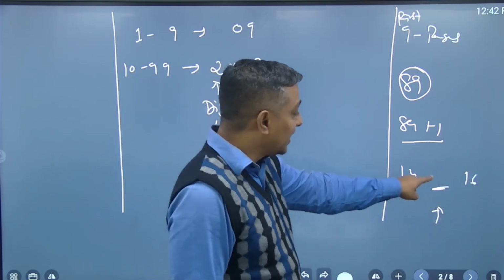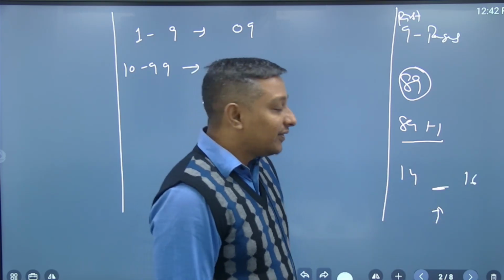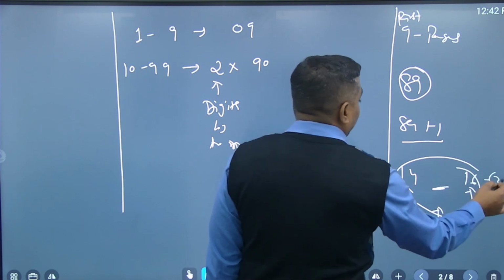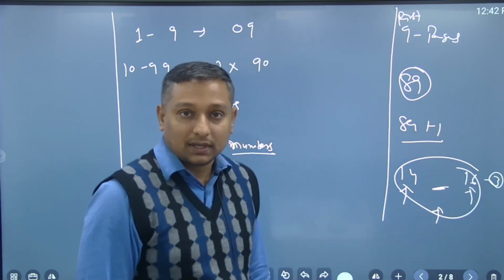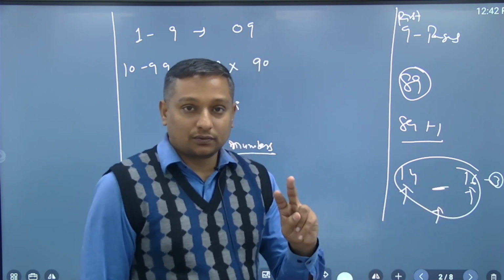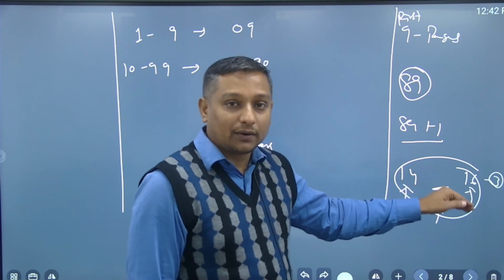But if I include 14 and 16 also, it will be availability of 3 persons. So 14 and 16, the gap is 2. Since both the extreme values are included, I will add 1.